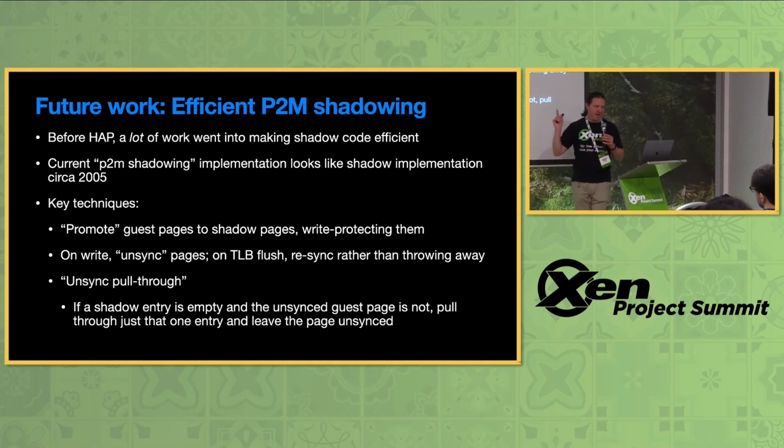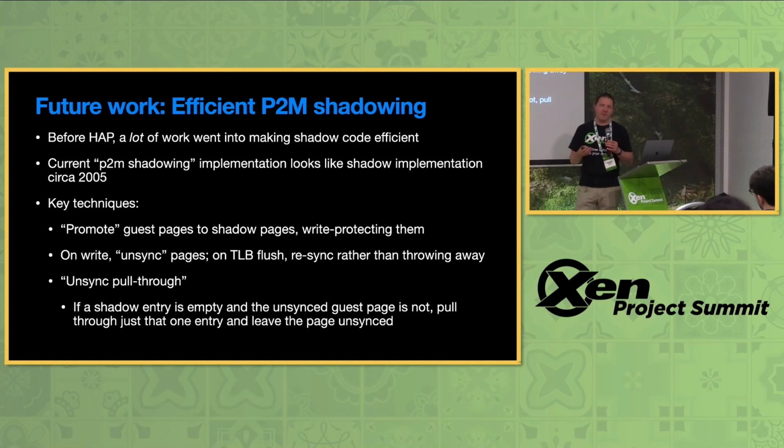And the current P2M shadowing implementation looks a lot like the very naive, unoptimized shadow implementation for shadow page tables back in 2005. So one of the things that I'm expecting to have happen, once we get stuff that we're functionally sure works and is not going to have bugs in it, is to look at optimizing the shadowing of the P2M. Now, P2Ms are different than page tables in the sense that page tables are actually changed quite quickly.